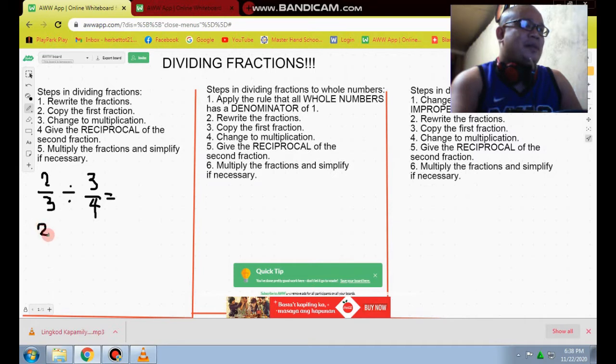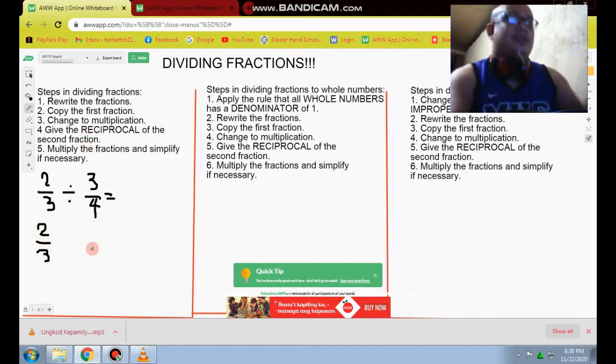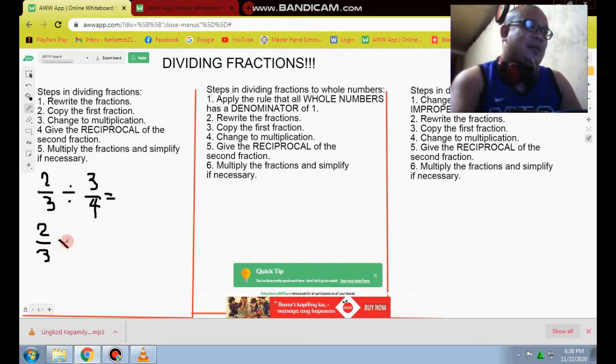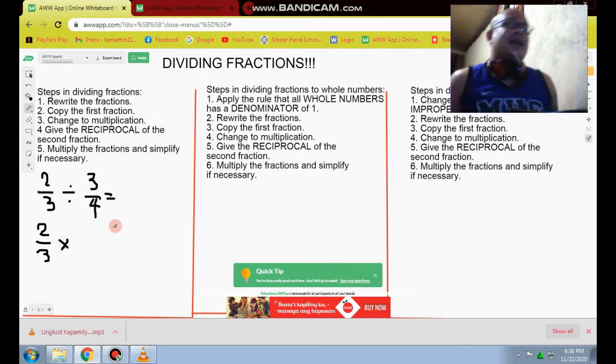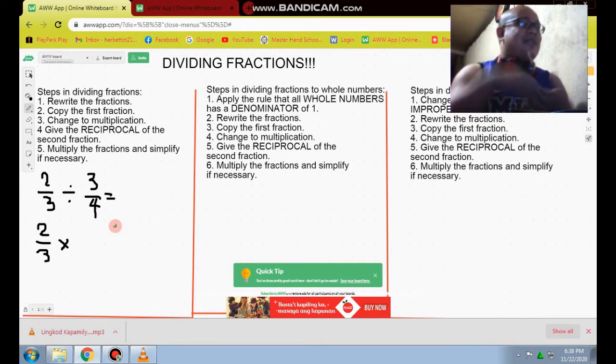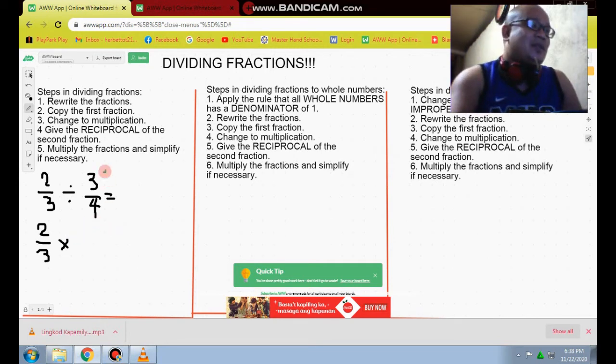So let's copy the first fraction. First fraction is 2/3. Then change to multiplication. Okay, so multiplication tayo. And then give the reciprocal of the second fraction, no? Pag sinabi naman natin reciprocal is this is the yung kabaliktaran, no? The multiplicative inverse. Okay, so 3/4 will be 4/3.